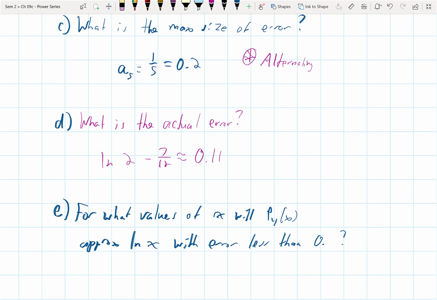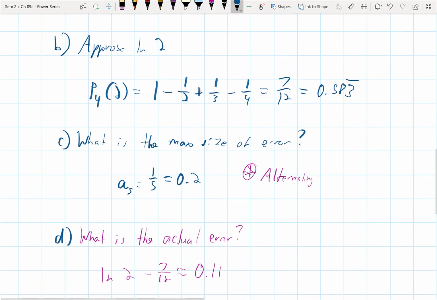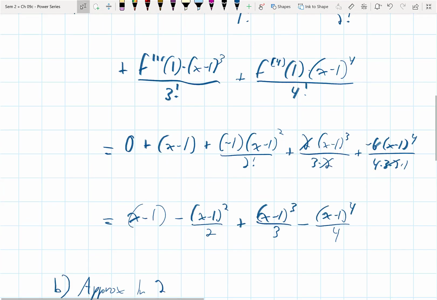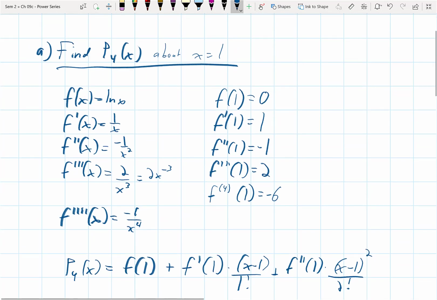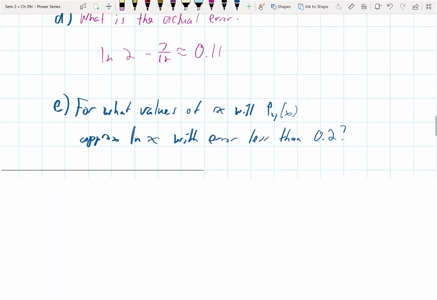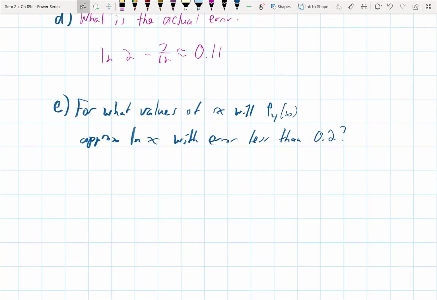So what this is referring to is that we have this polynomial up above that's centered at x equals 1. And obviously the closer to 1 we get, the better the approximation is. But the further away from 1 we get on either side, the less good this approximation is.